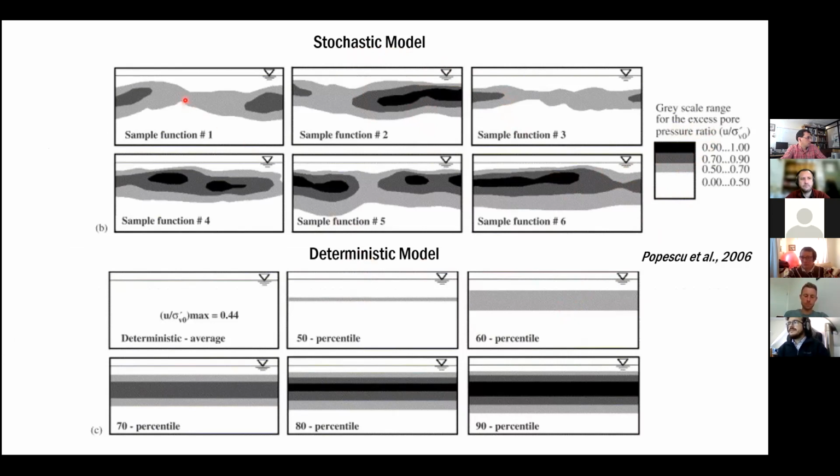Here we see sample functions generated, and we can observe that each of the sample functions has differences, but they seem to generate a pattern that generates a zone with high excess pore pressure ratio.